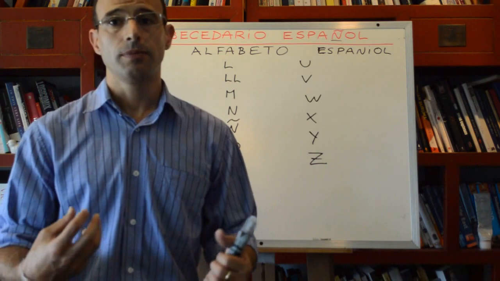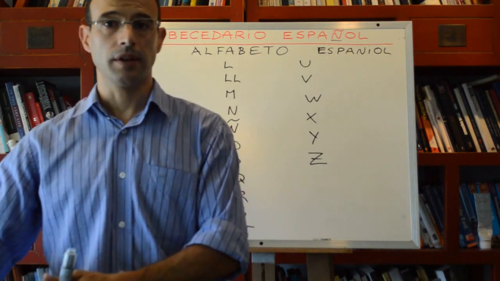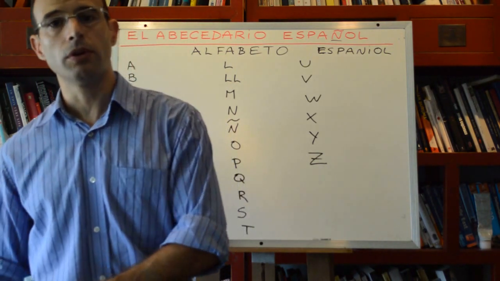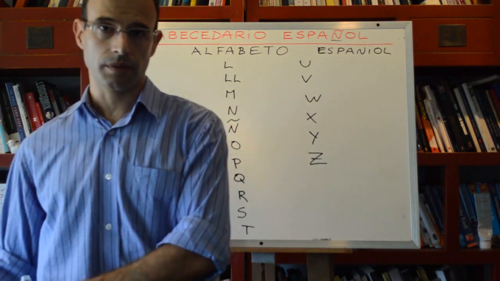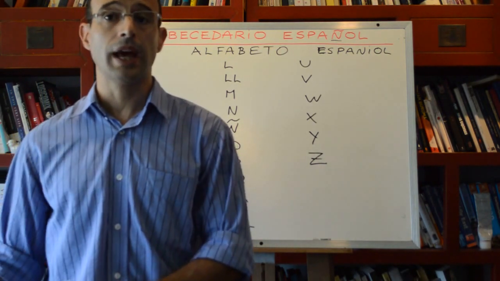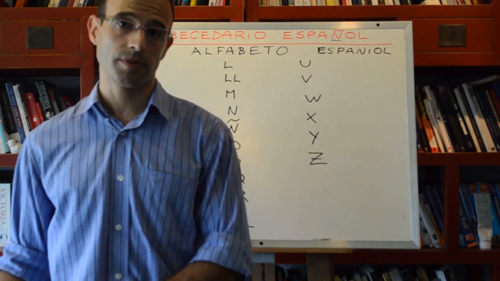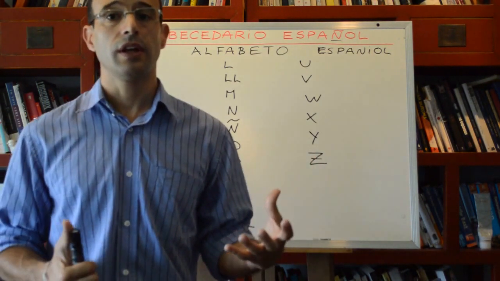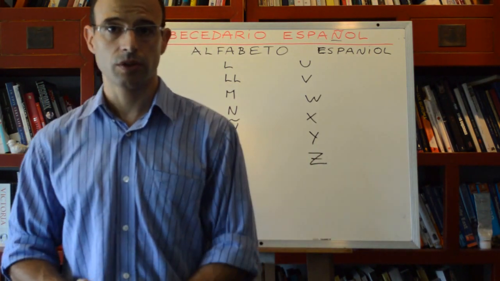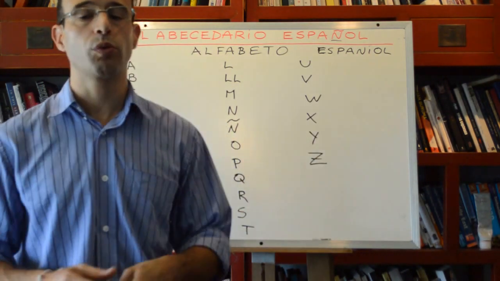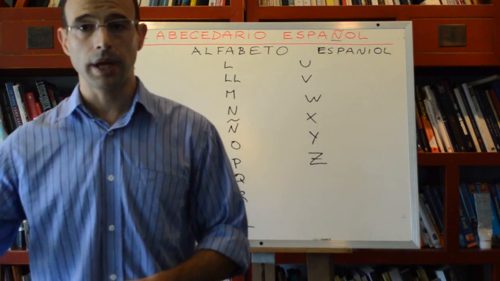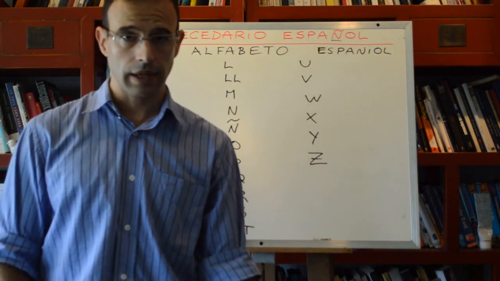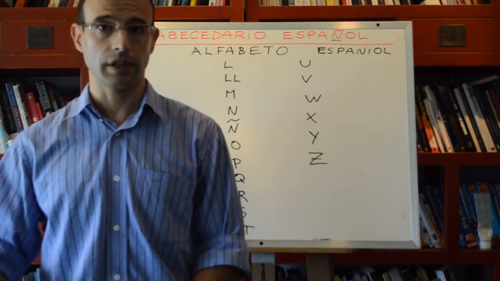Spanish comes from Spain, the Kingdom of Spain, okay? The Kingdom of Spain has more than one official language. The main language is Castilian Spanish, right? That's what we are learning, and that's what's spoken in most of Spain and in all Latin America, except Brazil, I guess.